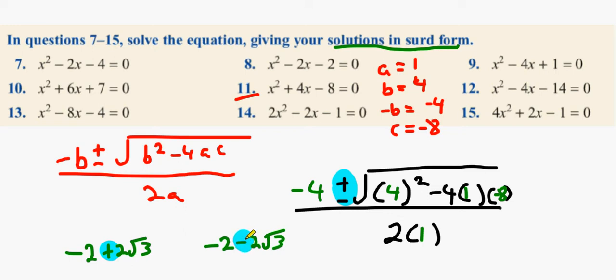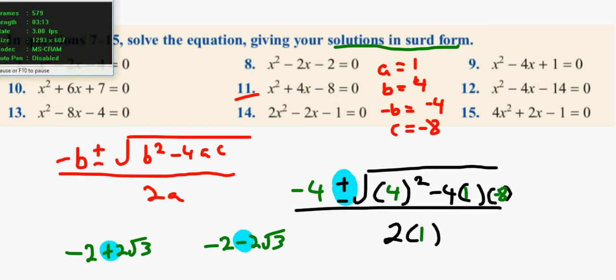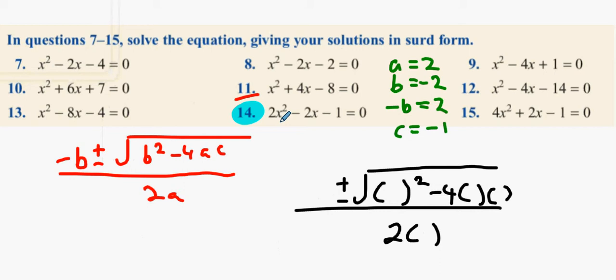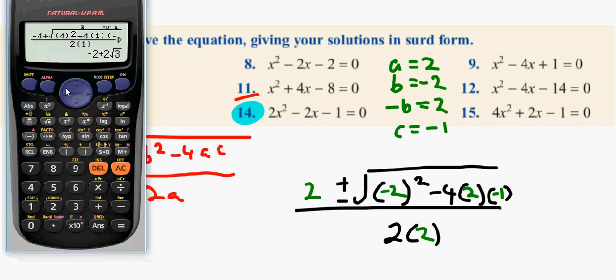It's that easy. Would you guys try question 14 for me now? And see how you go. So, we're doing question 14. A equals 2, B equals minus 2, minus B equals plus 2, C equals minus 1. Now we're going to have 2 plus or minus the square root of minus 2 squared minus 4 times 2 times minus 1, all over 2 times 2. Just be really lazy about it.